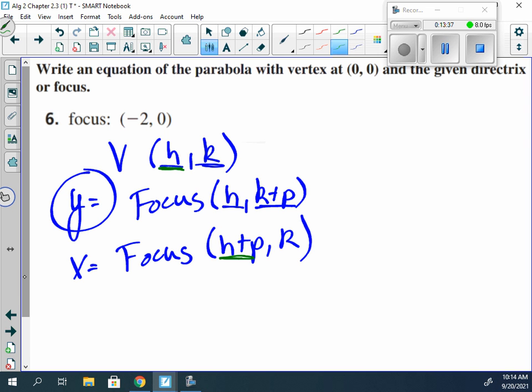It could go up, it could go down, depending on the sign of p. But the x value of the focus changes when it's x equals, but the value of k stays the same, yes? So looking at this here, well, the vertex is told to us to be what? 0, 0. So which one's changing from the vertex to the focus, the x value or the y? The x is the one that's changing, yes?